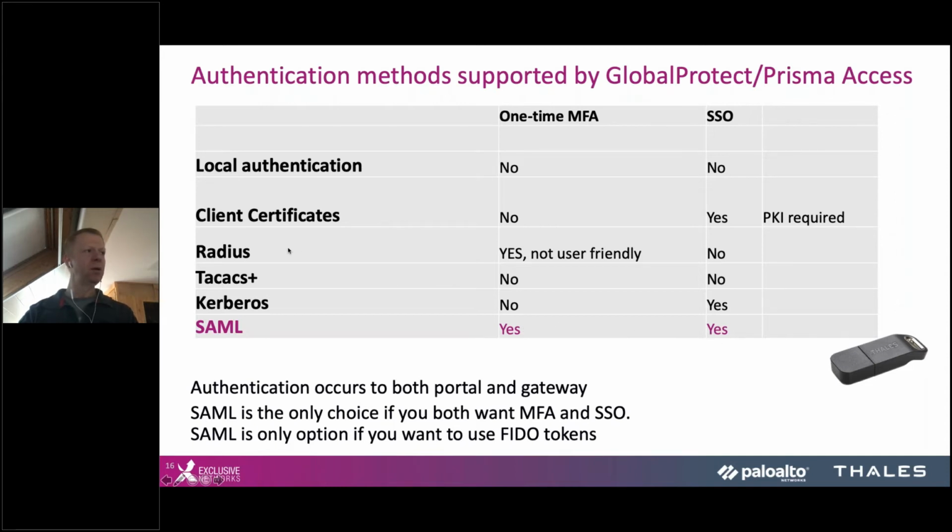If we look at RADIUS, for example, we can still use multi-factor authentication, but we cannot use single sign-on. If we look at Kerberos, for example, we have single sign-on, but this is not really multi-factor authentication. The same with client certificates. And if you want to use FIDO2 tokens, for example, SAML is the only option anyway.